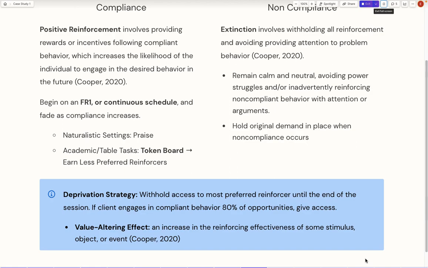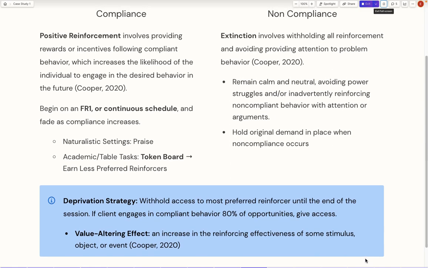If the client engaged in compliant behavior at least 80% of opportunities, access to that most preferred activity was then given. Extinction was used for non-compliant behavior by withholding all reinforcement and avoiding giving attention to the target behavior or any of its topographies. So the caregiver was instructed to remain calm in body language and tone while holding the original demand in place.